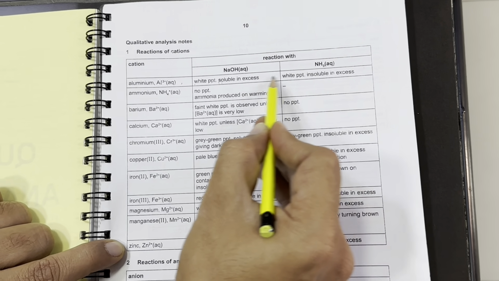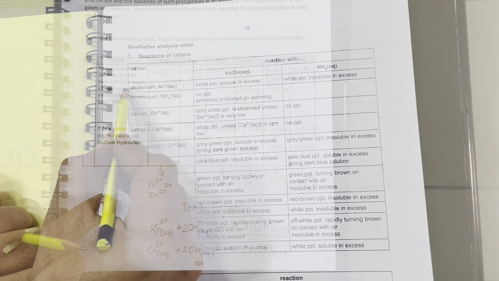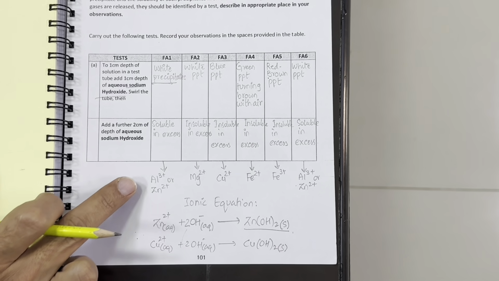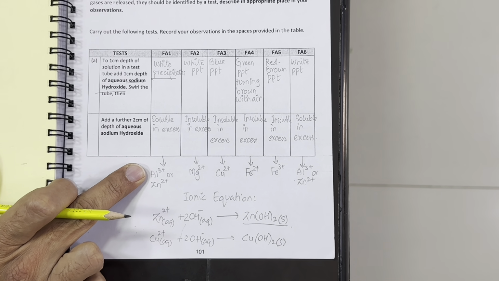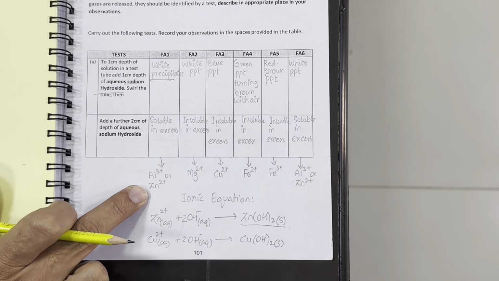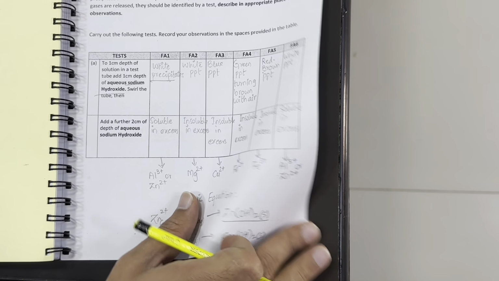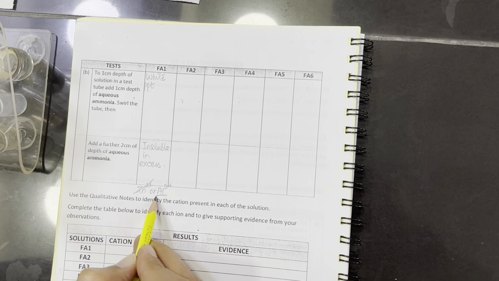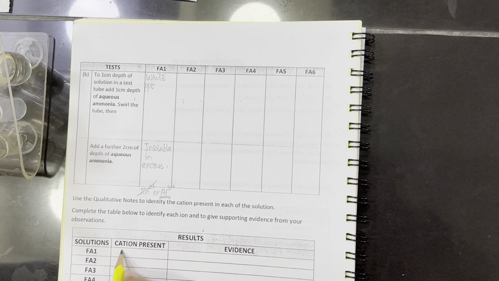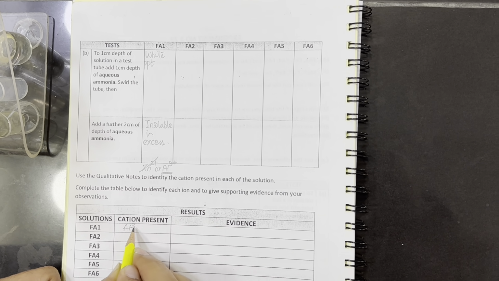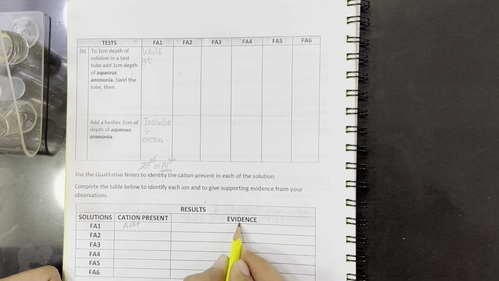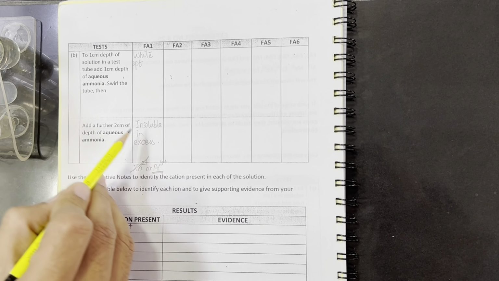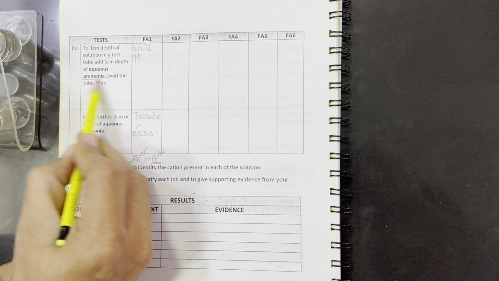So it confirms that it is Al3+. So in Fa1, we got the Al3+ or Zn2+ possibility, which confirms that Zn2+ is not present, it is just Al3+ confirmed. So Fa1 cation is Al3+ confirmed because of the evidence here, white precipitate insoluble in excess in aqueous ammonia.